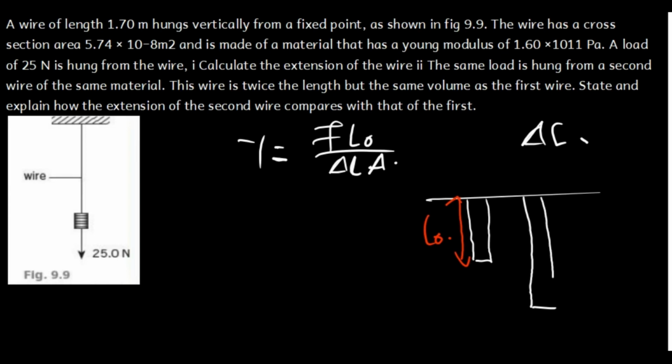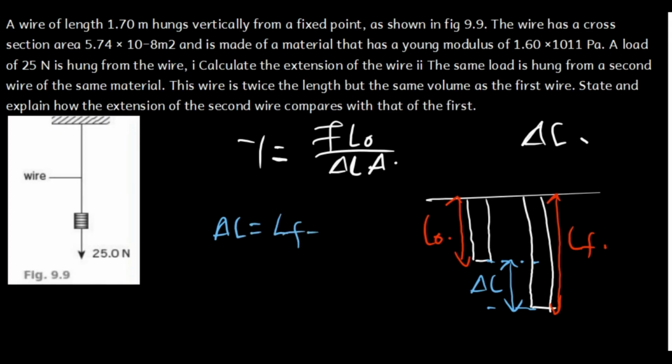This is the L final, from there all the way to there. The change in L is this part here, from there all the way to this point. So change in L is basically L final minus L initial. This change in L is what we call the extension.